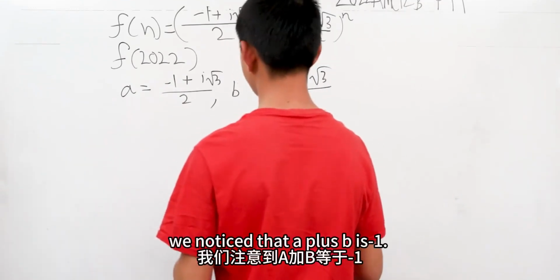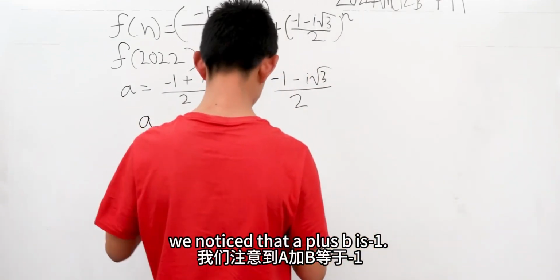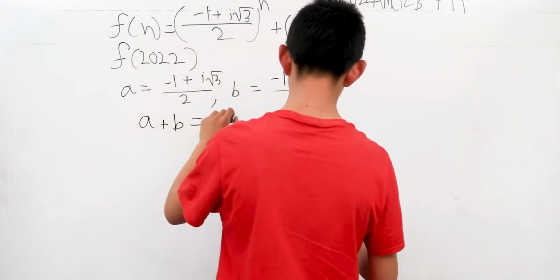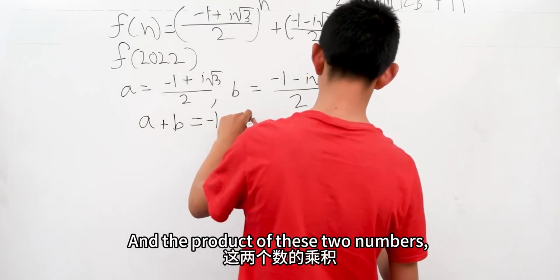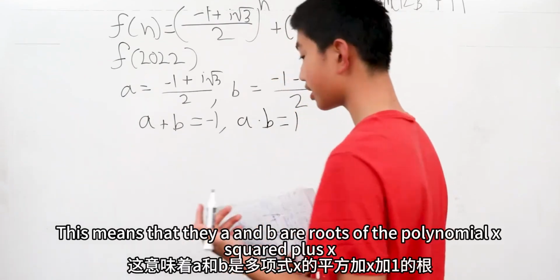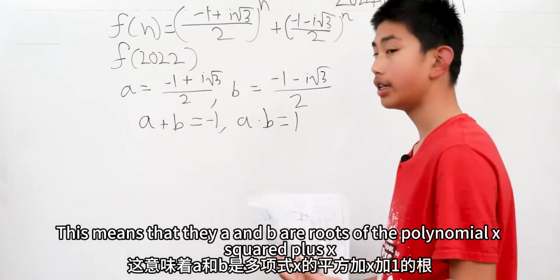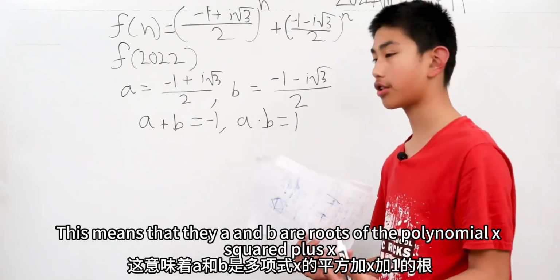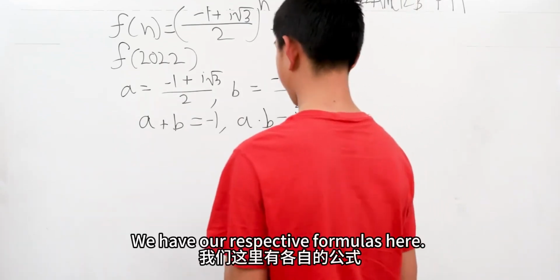Now, we notice that a plus b is -1, and the product a times b is equal to 1. This means that a and b are roots of the polynomial x squared plus x plus 1.